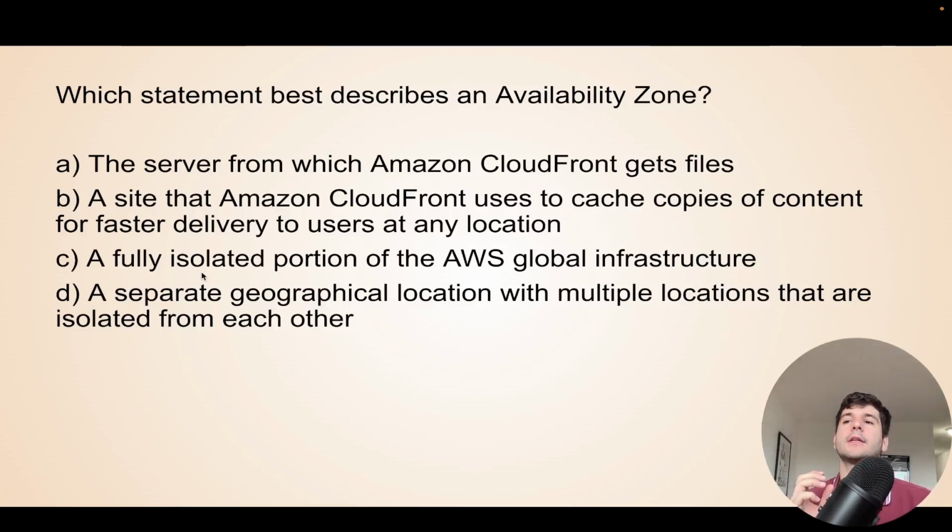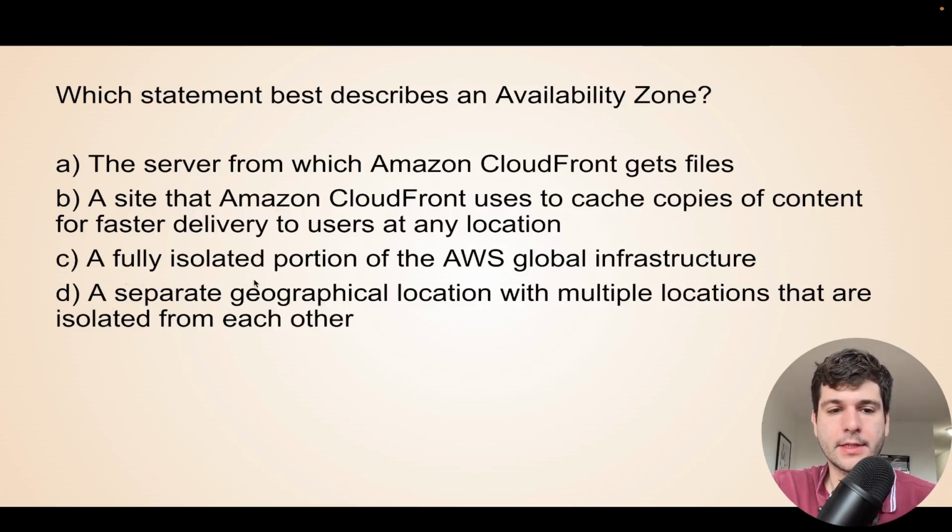So isolated is because every time I read the definition for availability zones, this was a big point of it, that it's isolated, meaning they're designed in a way where if US East 1A had an issue, it shouldn't affect 1B. They're isolated from each other even though they're in the same region.